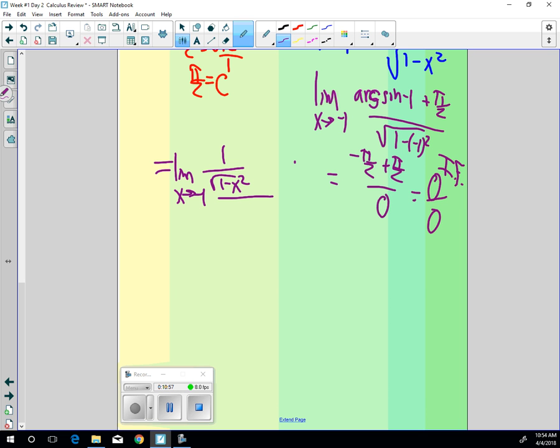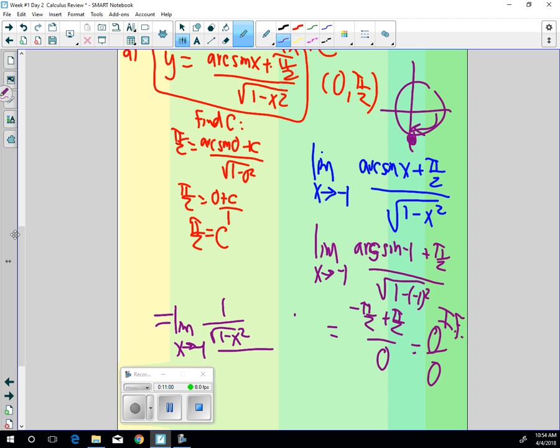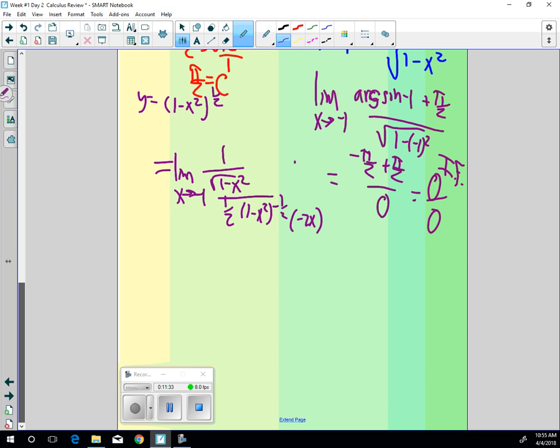The derivative of, boy, it's been a while, 1 minus x squared to the 1/2 will be 1/2 times 1 minus x squared to the -1/2 times -2x. y equals 1 minus x squared to the 1/2, so 1/2 this to the -1/2 times the derivative of the inside, -2x.